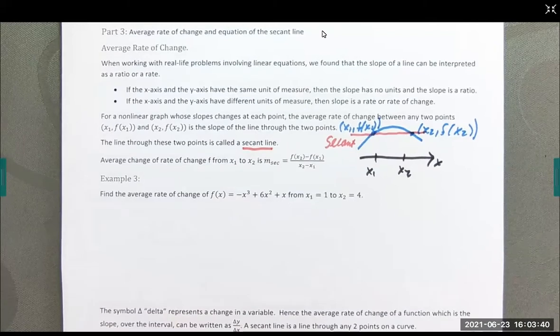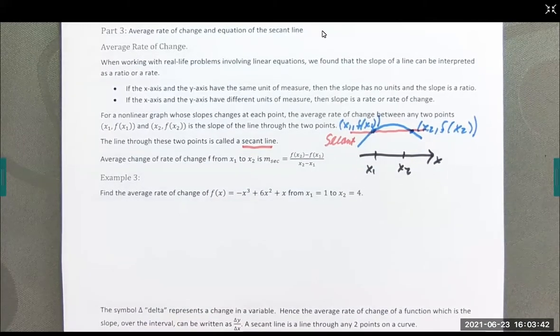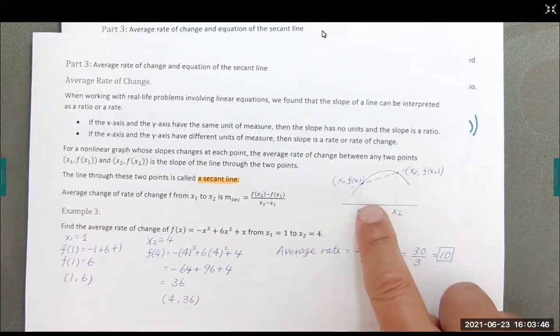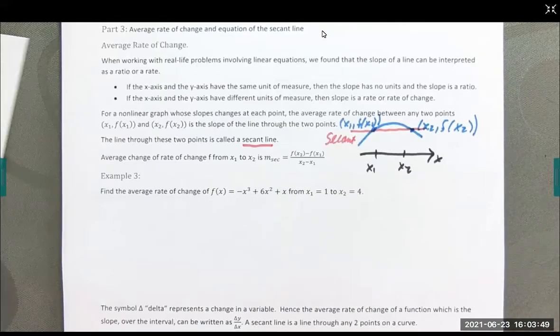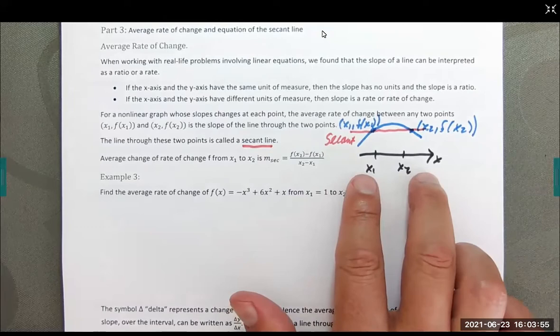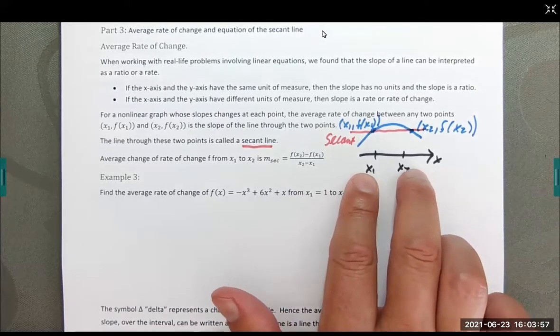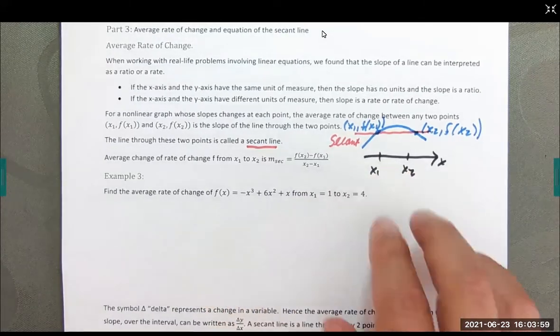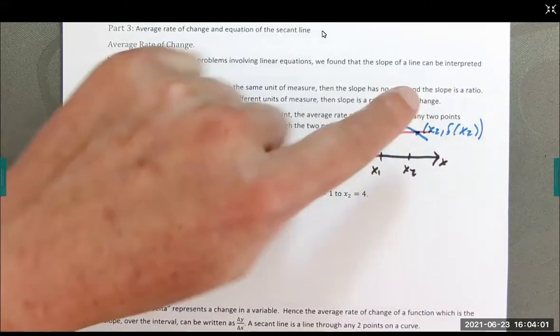Secant line. Now mine looks horizontal, it doesn't need to. In fact, the one drawn on my notes is even nicer, you can see it. It can be at an angle. And the idea with the secant line is, although that can be useful, what we ideally want to do is get x sub 2 as close to x sub 1 as possible, so that we get, ideally, a tangent line.